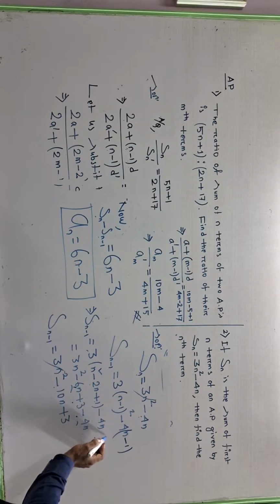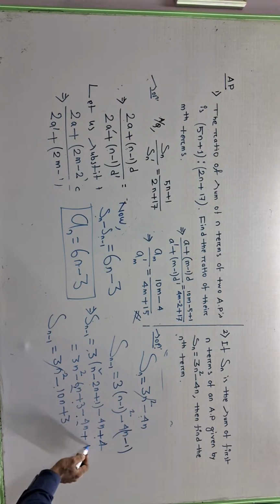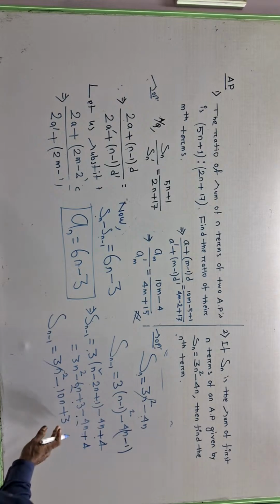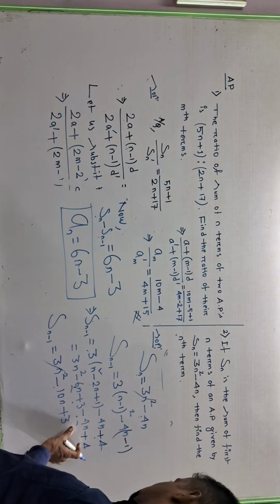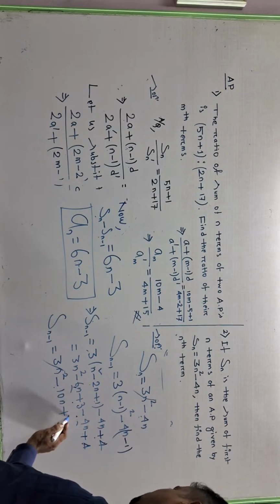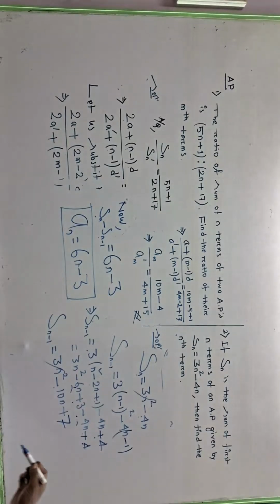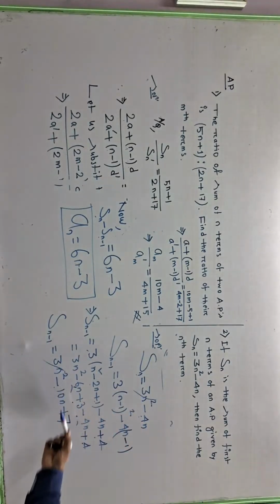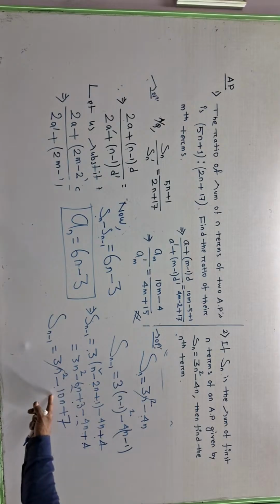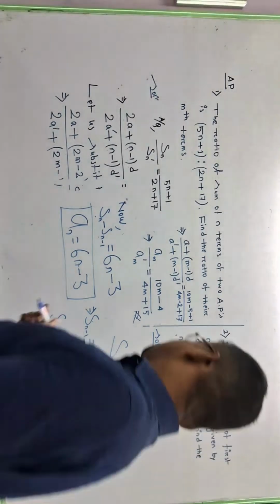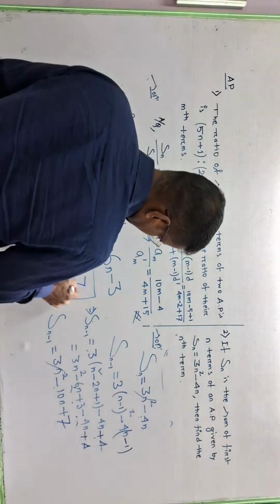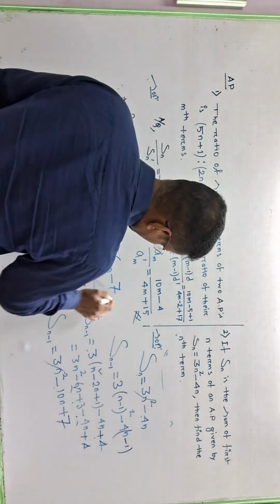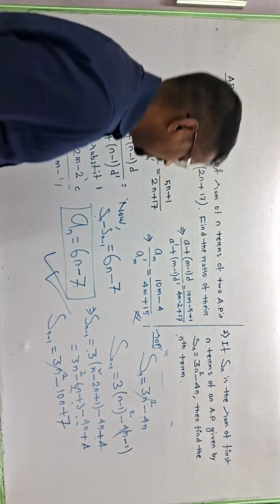Then it will be 4n plus 4, so here it will be plus 4. And then here it is 4 plus 3, it will be 7. And if you subtract, now 3n square cancels out, and minus 4n plus 10n will be 6n, and it is minus 7. So this is your final answer.